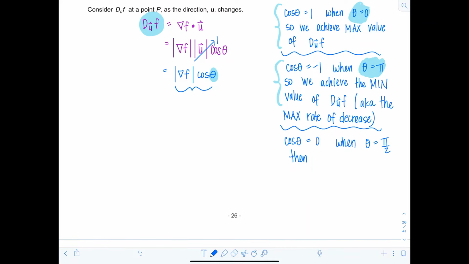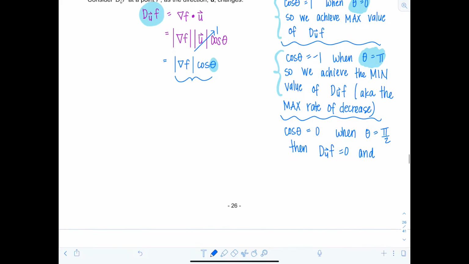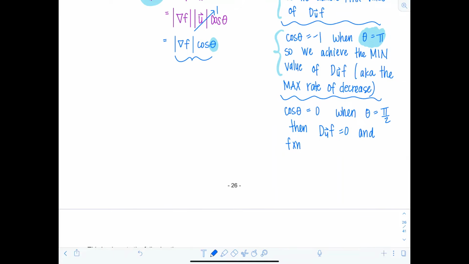In that case, the directional derivative is constant, and that means the function values aren't changing, or they don't change.